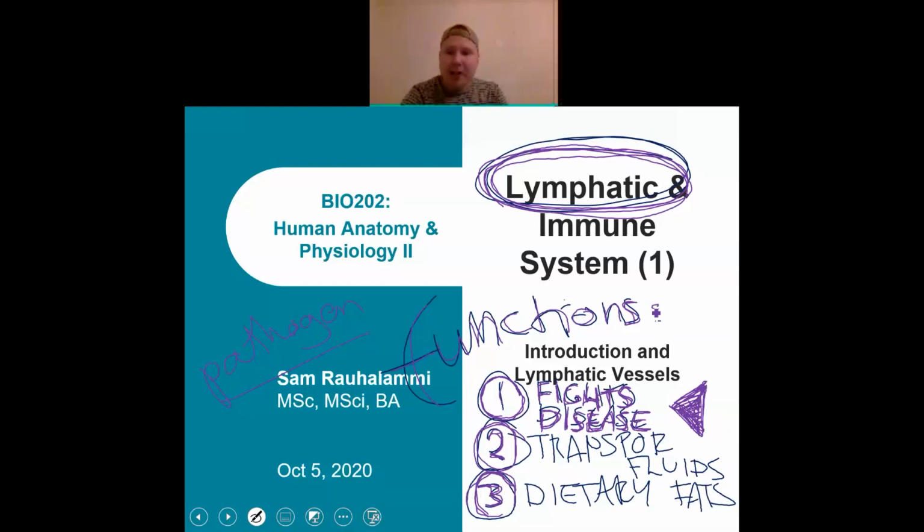The 2 other functions become much clearer as we review the material, and you'll see the special adaptations that we have. So the second one that I want to highlight is the function of the lymphatic system in balancing the fluids in the body. We have various different compartments in the body, as you learned during BIO201, and we can look at that on various different levels.